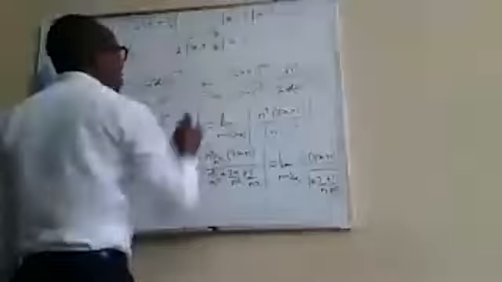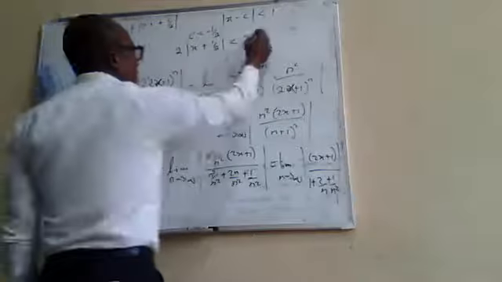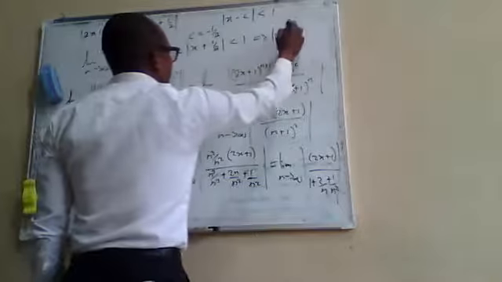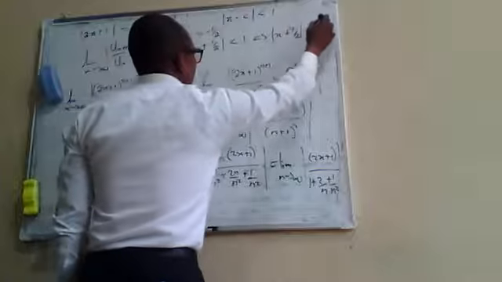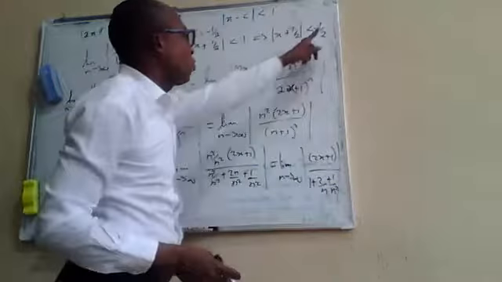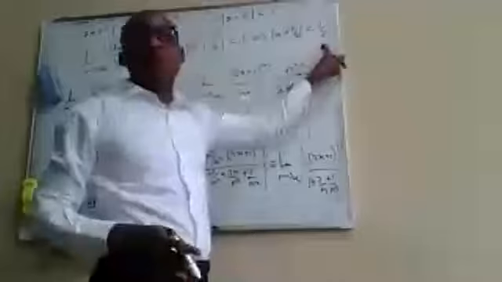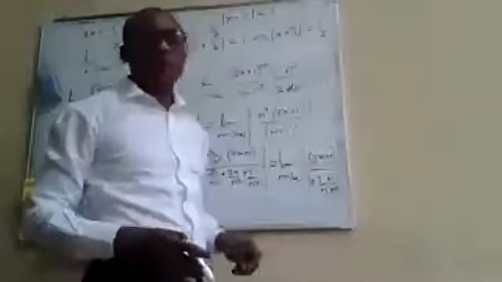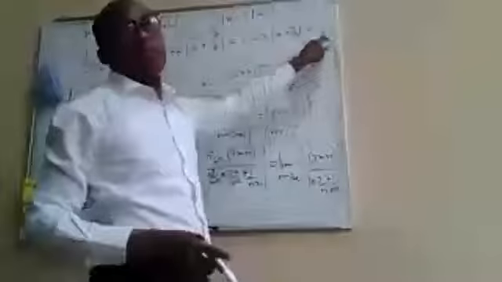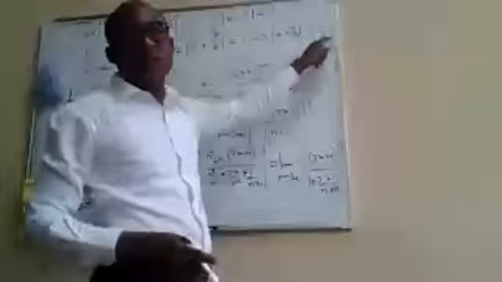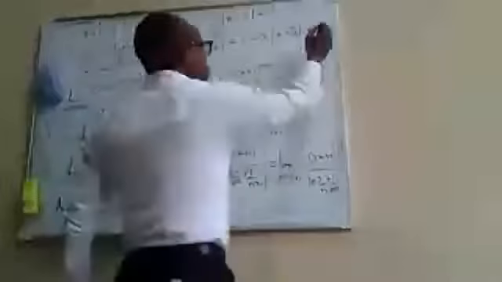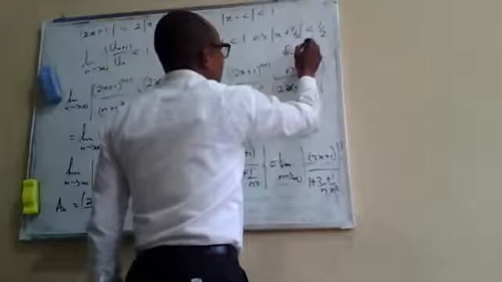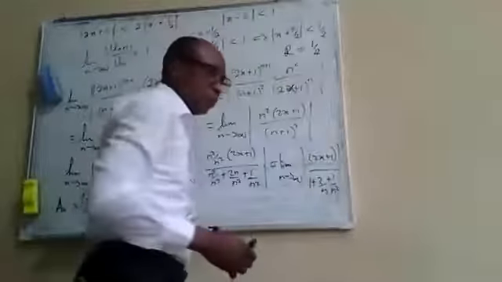Divide 2 by 2, so that this can simply be |x plus 1 over 2| less than 1 over 2. Since what we have here is less than 1, that shows that the series converges, and the radius of convergence is written as 1 over 2. So the radius of convergence R is now 1 over 2.